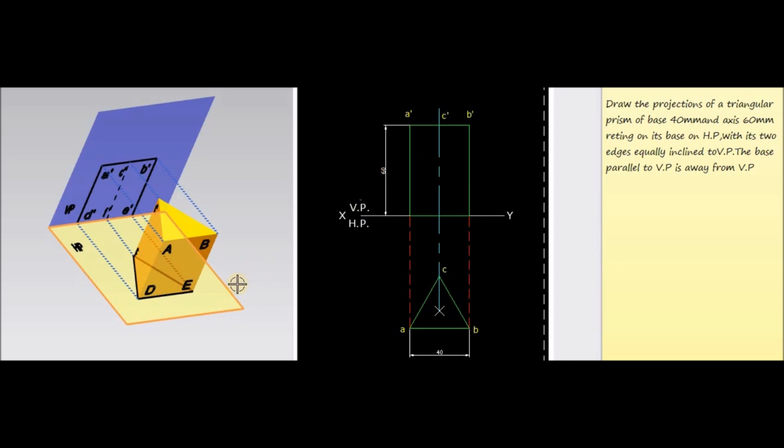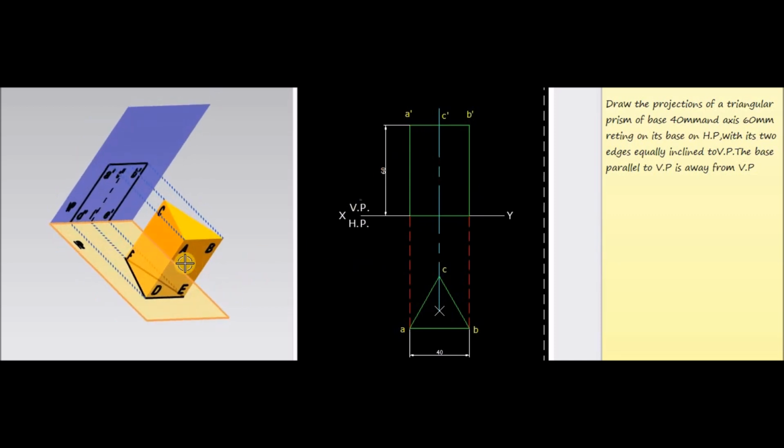Here we are also representing the backside edge CF. This is the backside edge, C dash, corresponding to the point C. So now we have to represent the axis of the triangular prism. The axis is to be represented by a dotted line.